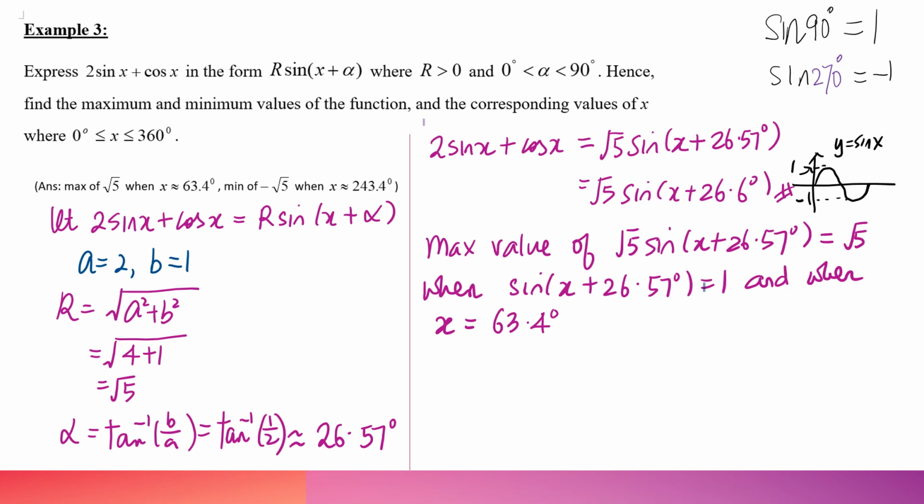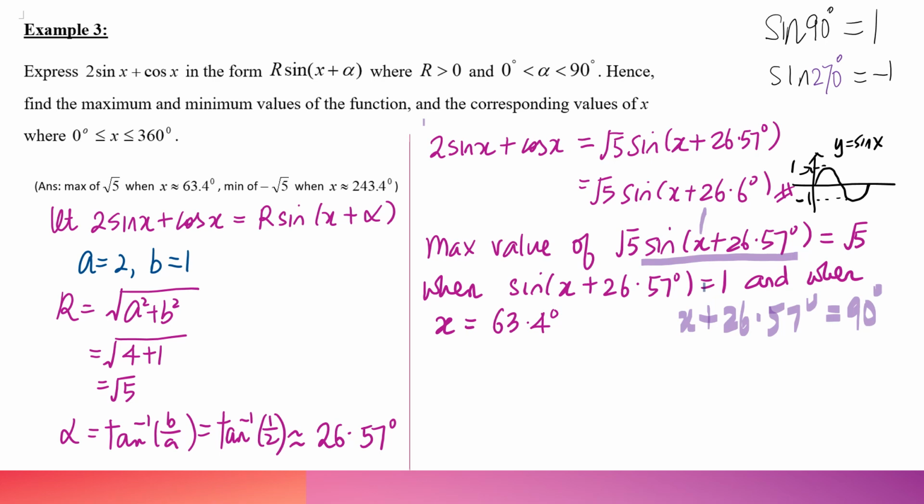So these 2 pieces of information you have to remember, and you will remember them after you do a few curve sketchings. Hence the maximum value of this function will be when sine bracket x plus 26.57 degrees is 1, which happens when x plus 26.57 must equal 90 degrees, because sine 90 gives you 1.